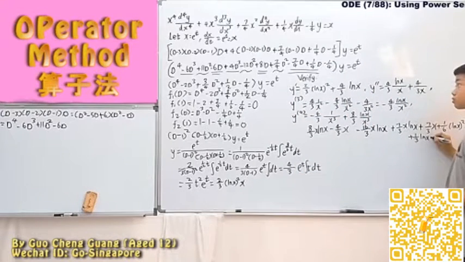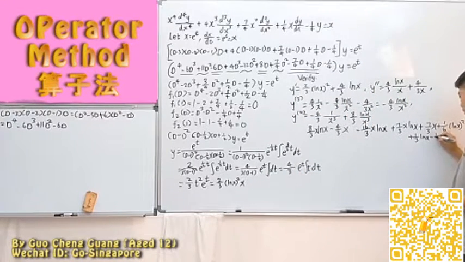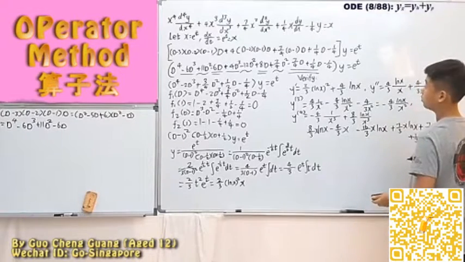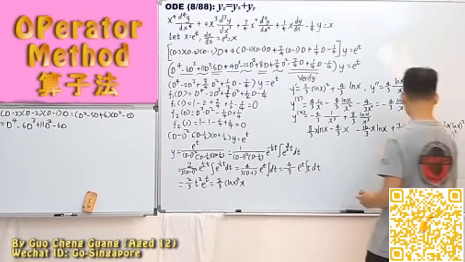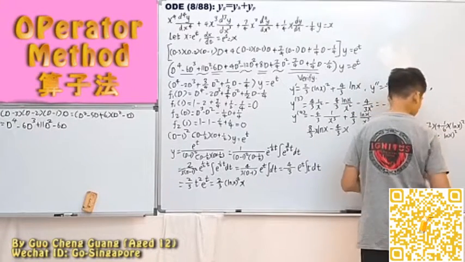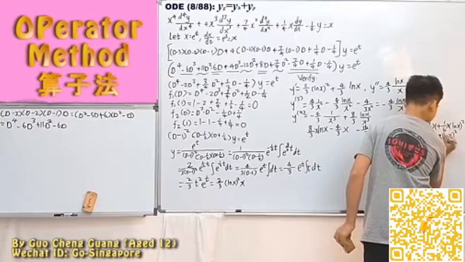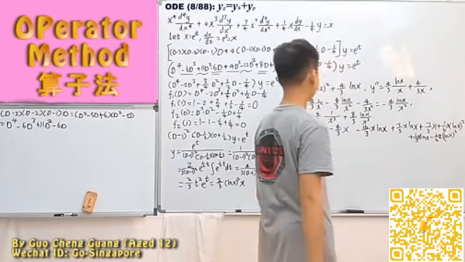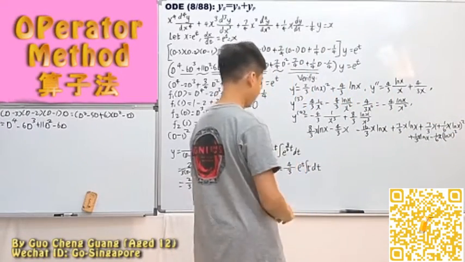So, subtract 1 over 6. So, that means it will be this part. Okay, so that's what you will have over here.